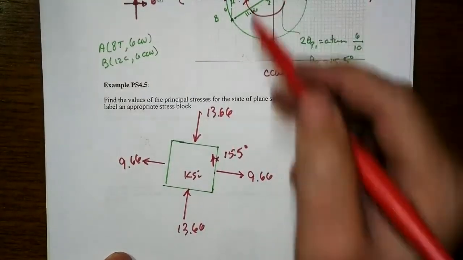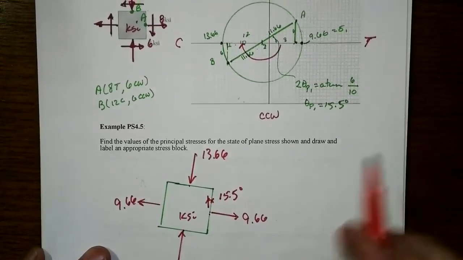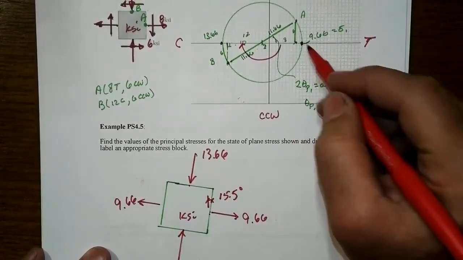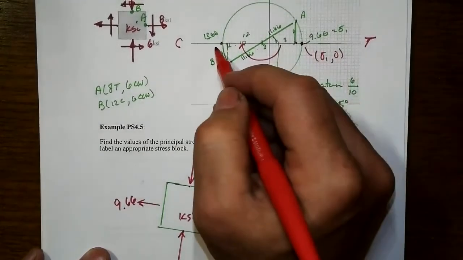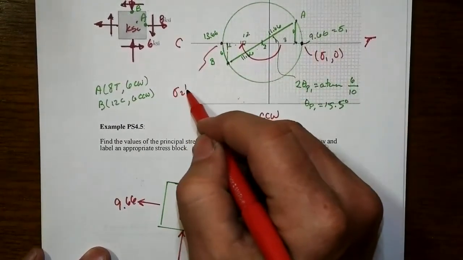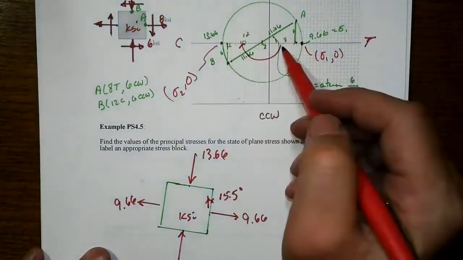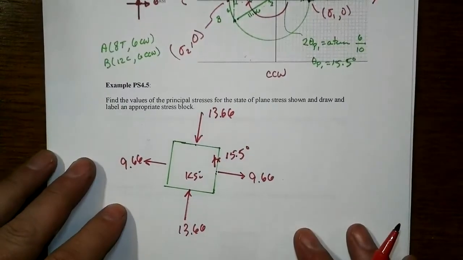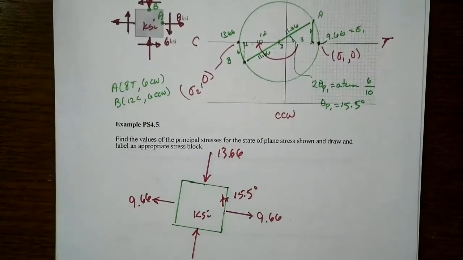Or if you want to go the other way, you'll be going from there to that one. There's no shear stress on those, right? Because the coordinate that we have here is purely sigma 1 comma 0, just like that one is sigma 2 comma 0, right? That's the coordinate pair for that location. There's zero shear stress on the principal planes, and there's your answer for both of those examples.